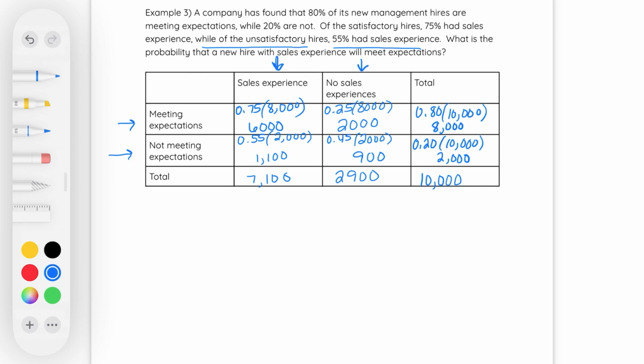So let's actually do the probability. What is the probability that a new hire with sales experience will meet the expectations? So our probability is when they meet expectations, given that they had sales experience.